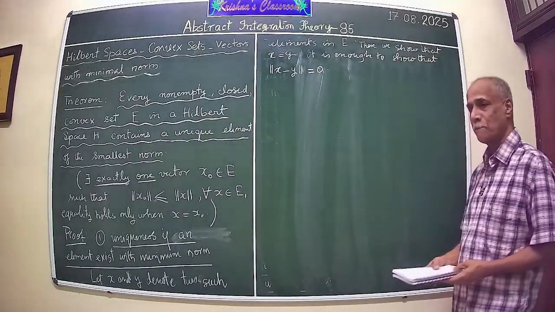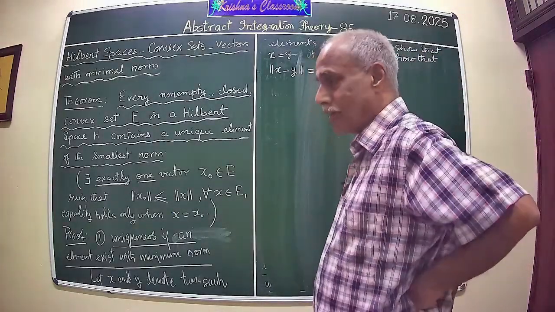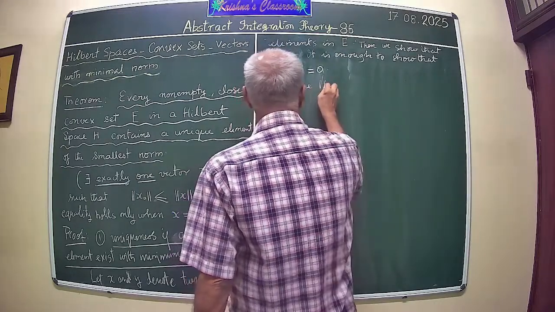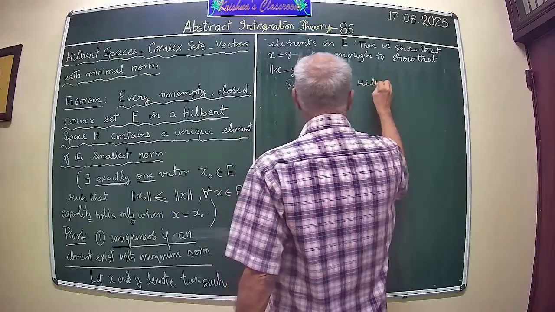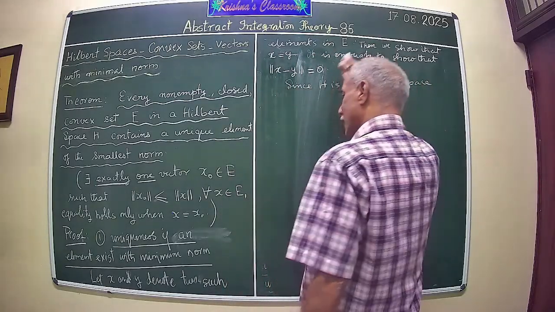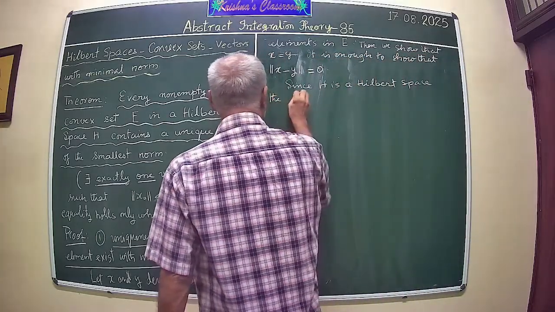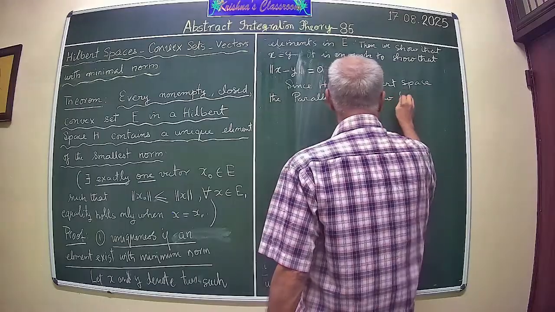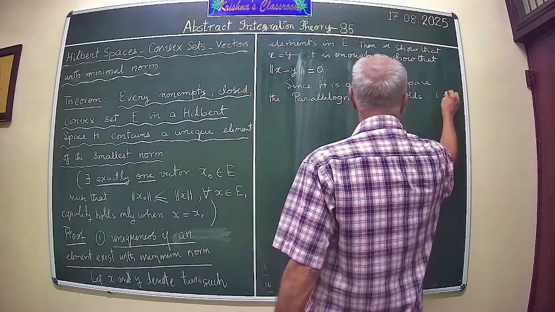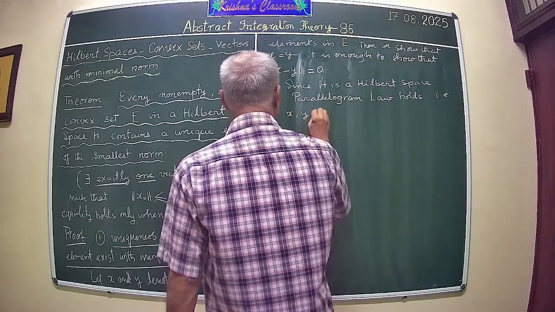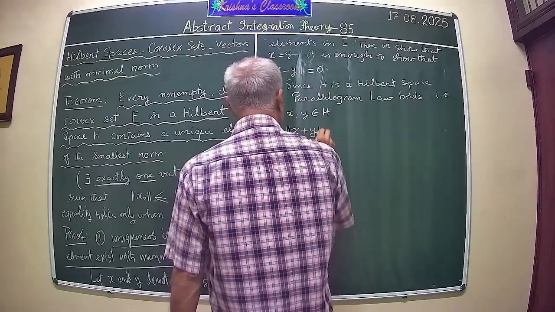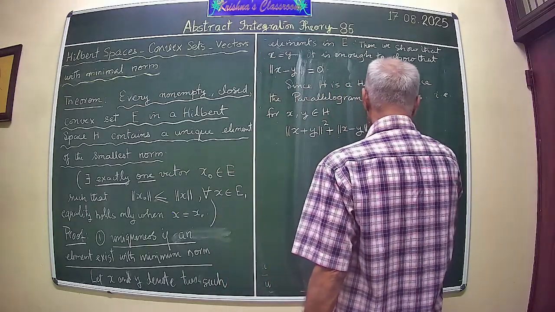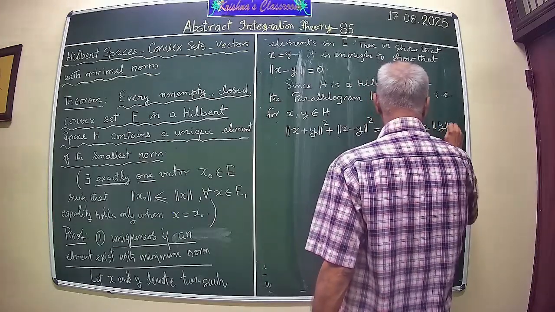Now here we invoke the parallelogram law. Because H is a Hilbert space, the parallelogram law holds. That's why we did the parallelogram law earlier. For x and y, the norm of x plus y squared plus the norm of x minus y squared equals twice the norm of x squared plus twice the norm of y squared.